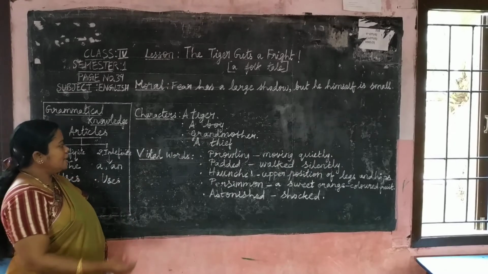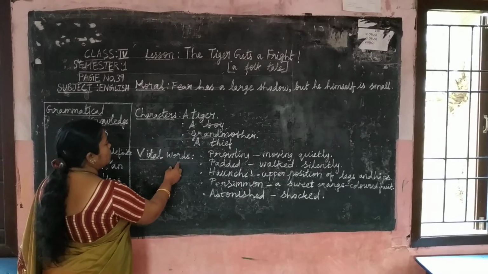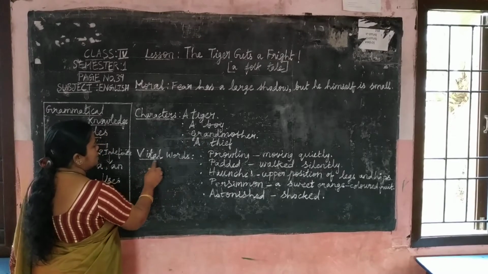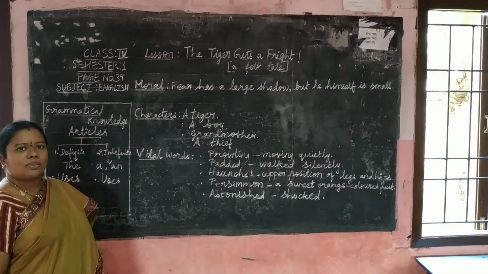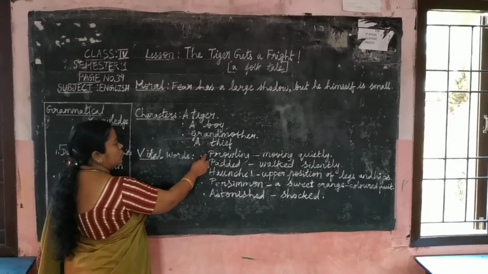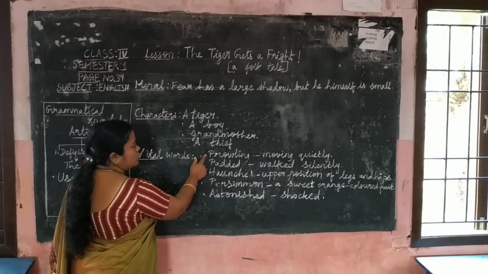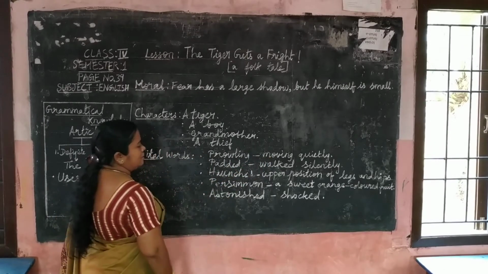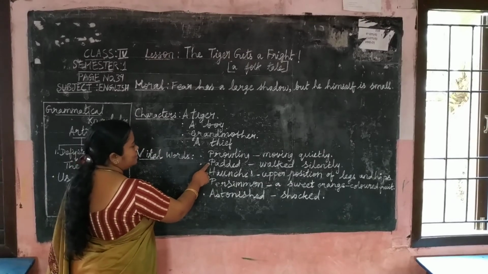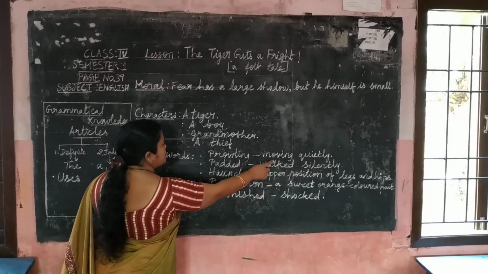And let's see what are the important words, vital words in this story. So these are the important words. Crawling. What do you mean by crawling, children? Moving quietly. Padded, meaning walked silently.